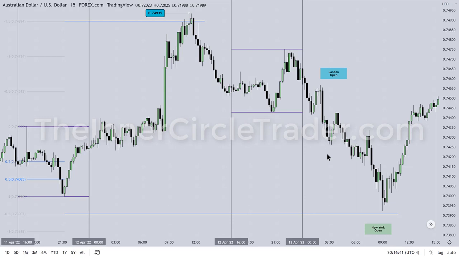What's the bias? It's bearish. We're aiming for a run below that low here, and we anticipate London creates an important high or a high of the day, and then it expands down into New York open and potentially even later into London close. We're using these two time zones, if you will, as kill zones.